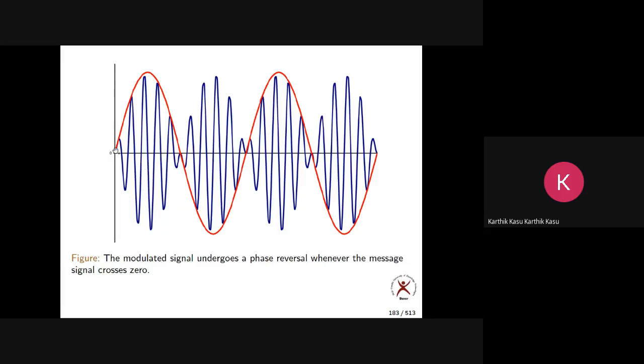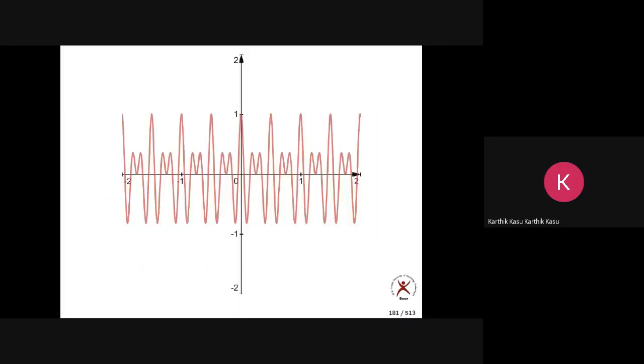Now one more thing. If you take the amplitude envelope of the DSBSC, what do you get? Envelope means joining the peaks. Join the peaks. Can you tell me what will be the envelope of this DSBSC?